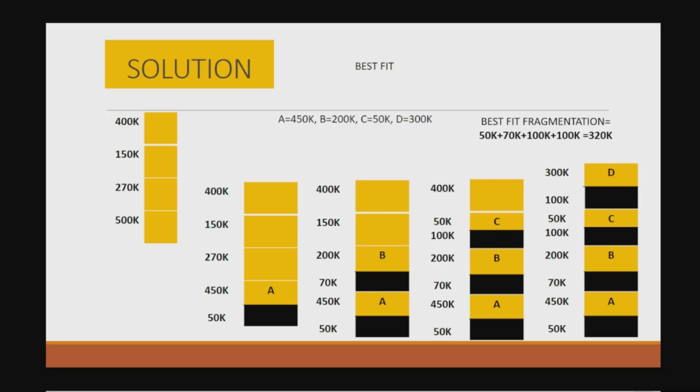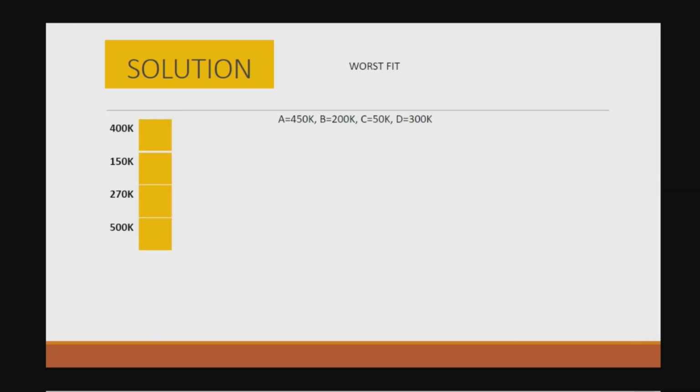So the next part, we try to do the worst fit algorithm. The worst fit algorithm finds the block that fits with the biggest balance of memory. Process E goes first, so 450k.